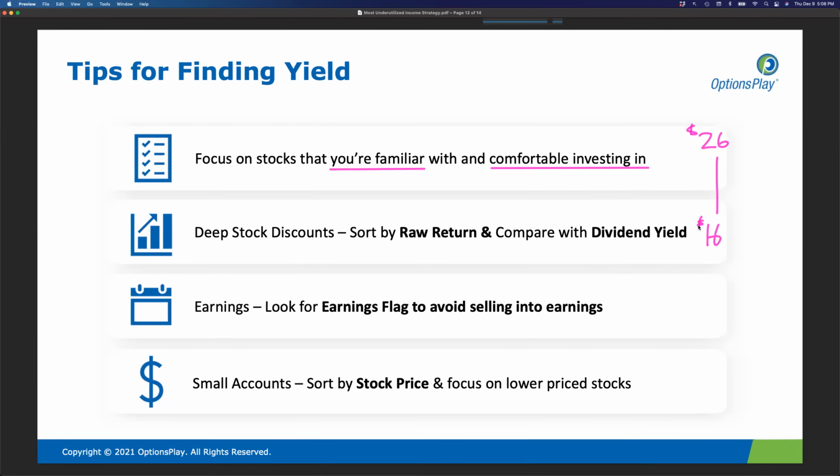Is it now a cheap stock that I really would like to own and continue to own and maybe buy some more? Or is this now a stock that perhaps has changed? I thought it was worth 26. Now that it's worth 16, I'm reconsidering. I should probably cut my losses and get out. That's only a decision you can make, and that's a question that you have to answer. A short put doesn't change any of that. The only thing that a short put changes is how much you actually risk if the stock were to decline.